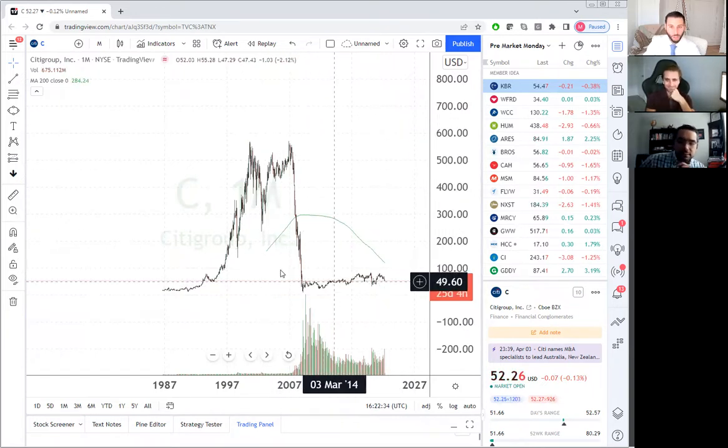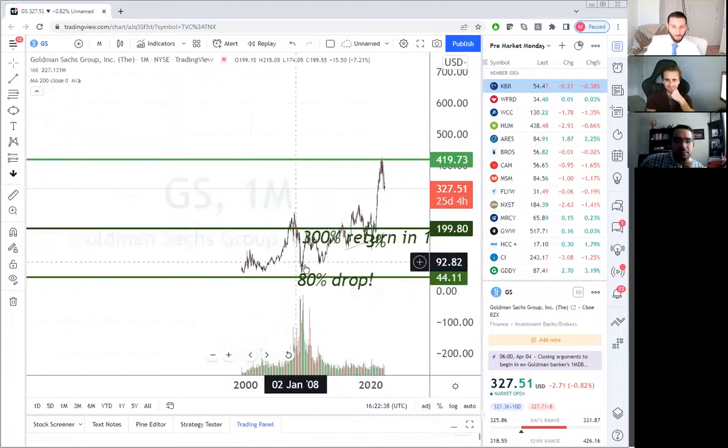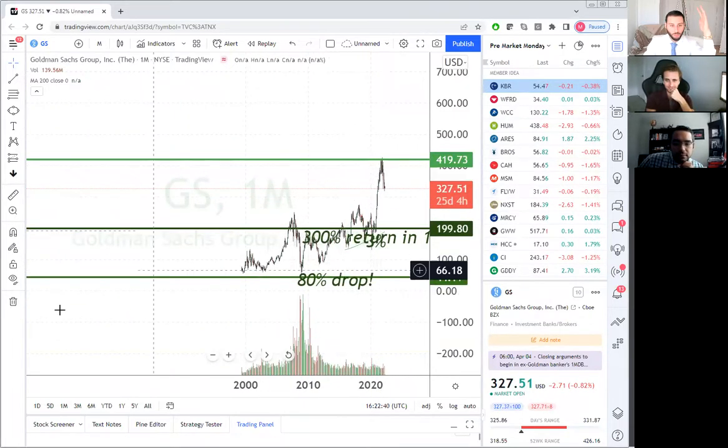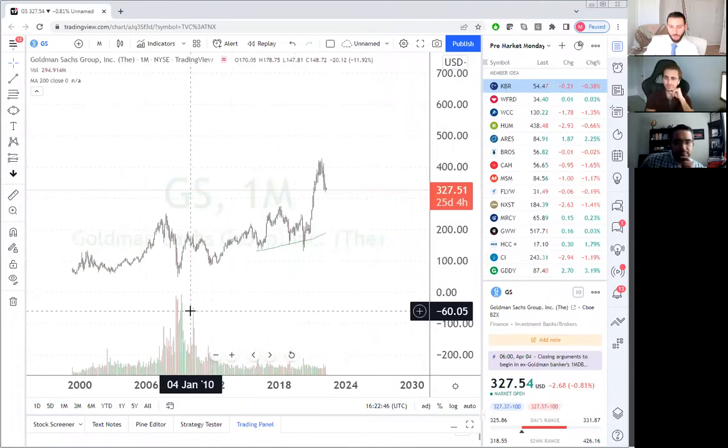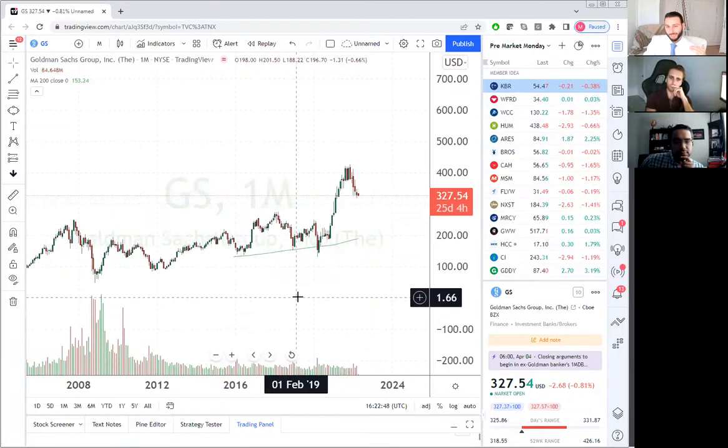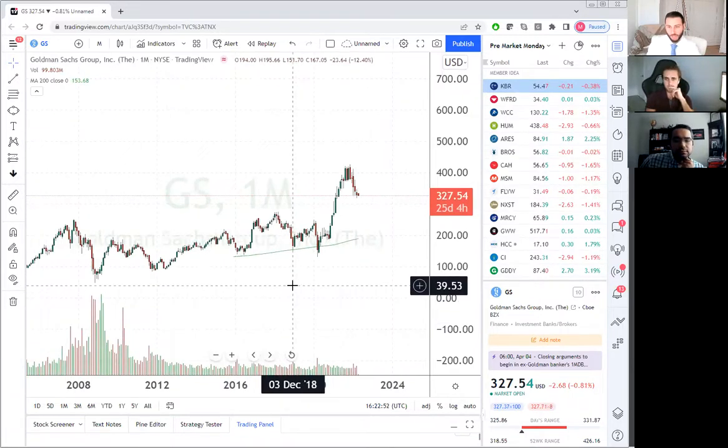We'll never touch it. But you look at a Goldman, they've reclaimed and gone to new highs. So these are names that are 90% off highs. They're never going to come back. I don't care what your personal opinion is. It's not going to happen. And I've been in names like that where they never see the light of day, and you just waste years and years trying to. Yeah.